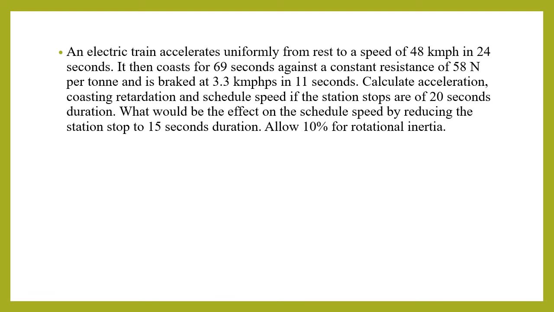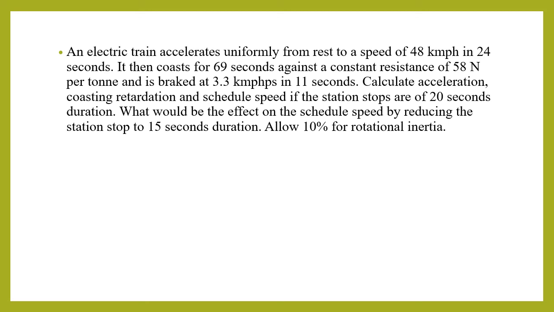Next problem. An electric train accelerates uniformly from rest to a speed of 48 km per hour in 24 seconds. It then coasts for 69 seconds against a constant resistance of 58 Newton per ton and is braked at 3.3 km per hour per second in 11 seconds.